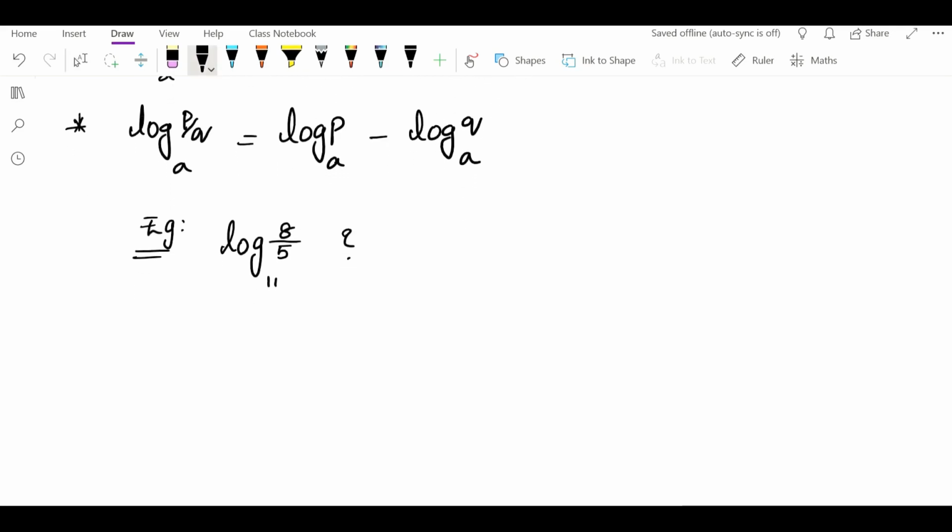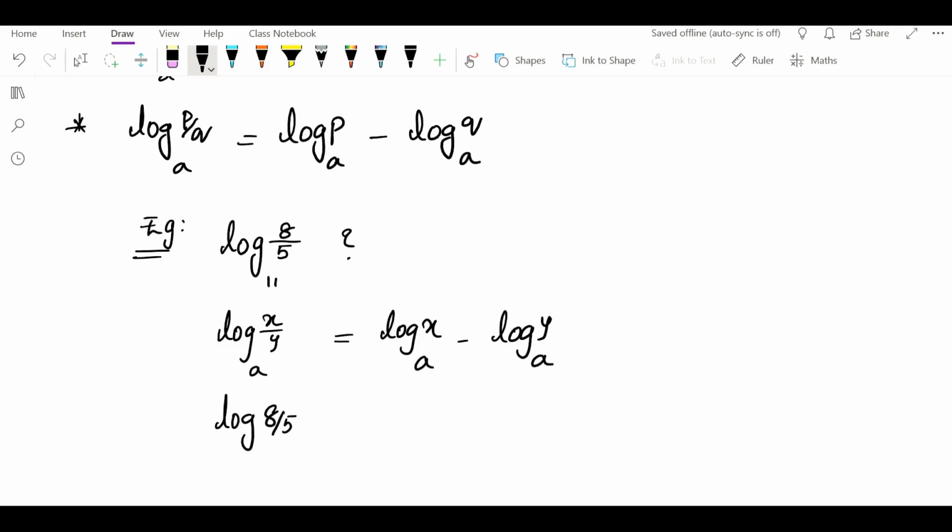This is in the form of log x by y base a. This can be converted into log x base a minus log y base a. Similarly, log 8 by 5 base 11 can be converted into, here x means 8, y means 5, a means 11.